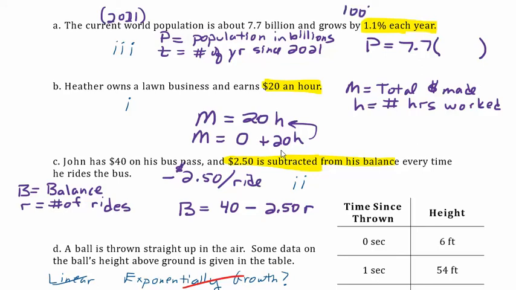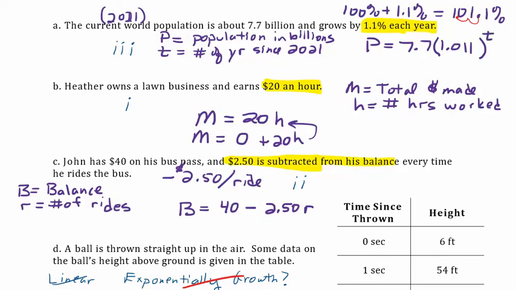It'd be 100% plus 1.1%, which is 101.1%. So your multiplier, you'd move the decimal 2 places over here to get your multiplier, which would be 1.011. And we would multiply by that multiplier for every year after 2021.